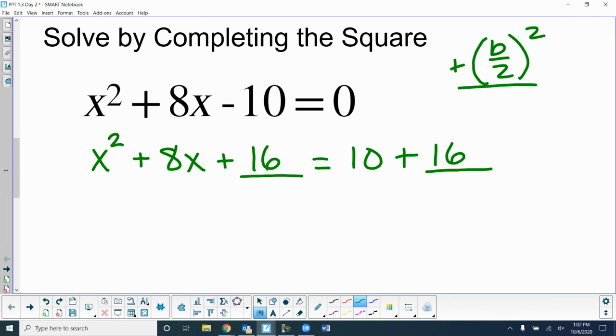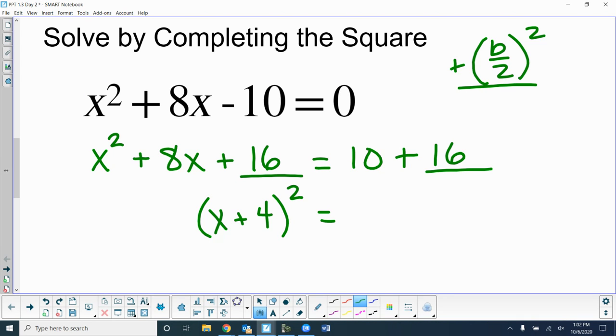Okay? So what we did then, since we made it one of these special trinomials, we can factor it to look like this. One binomial squared. And the binomial comes from the square root of the x squared, and the square root of the 16. And then whatever's in front of the b goes between.